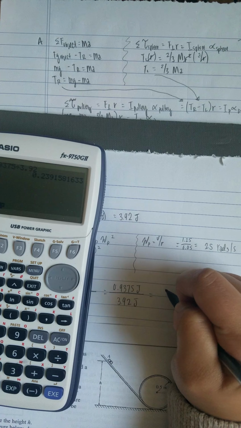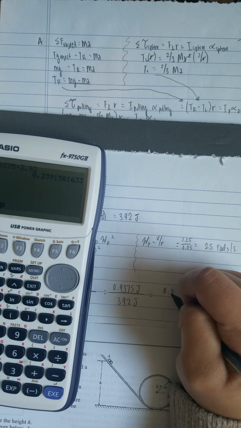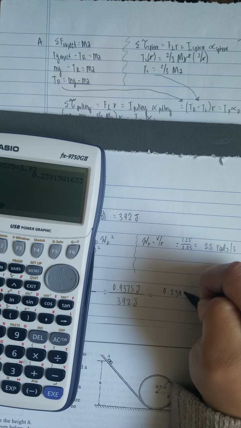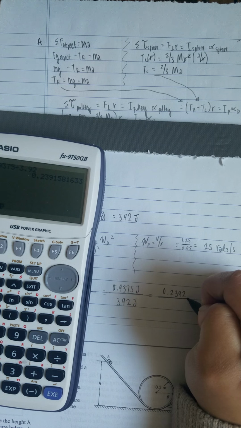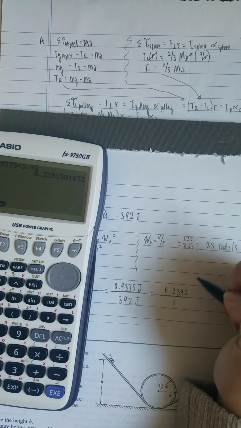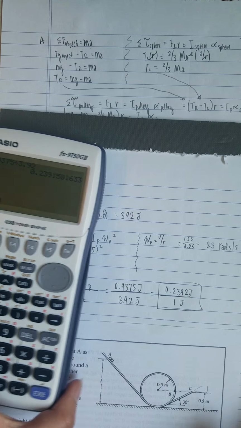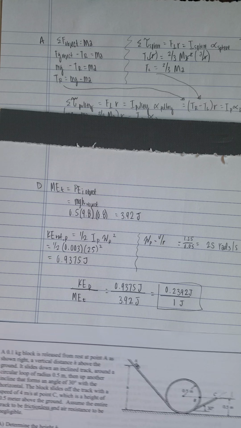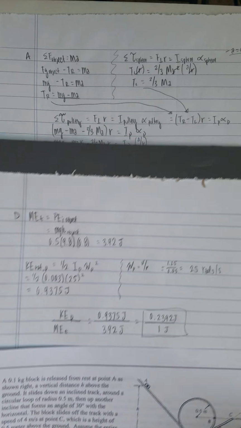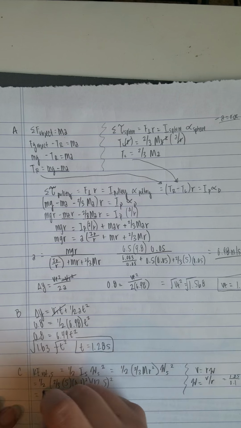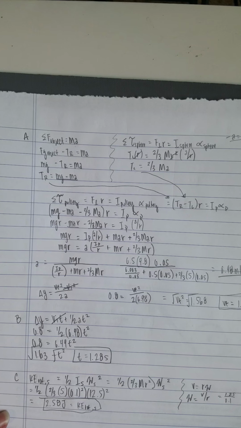And that gets you 0.22392 over 1. And that is the fraction of how much energy was transferred to the pulley out of the total energy. Make sure to box everything. And that is it.